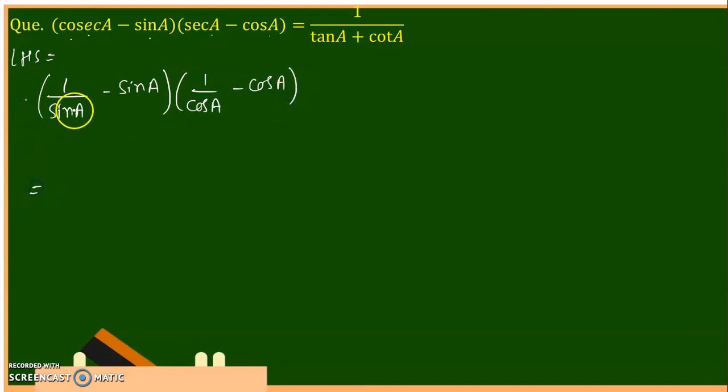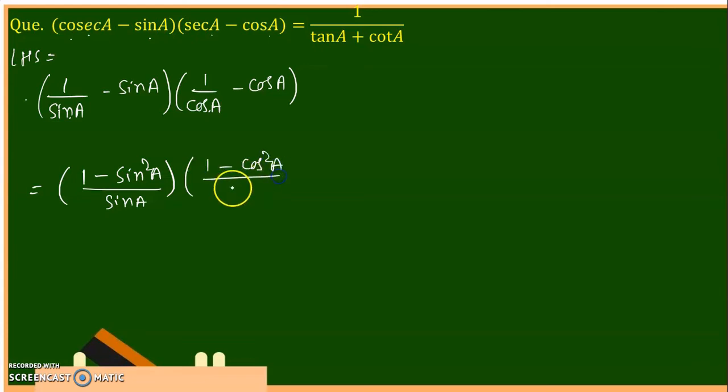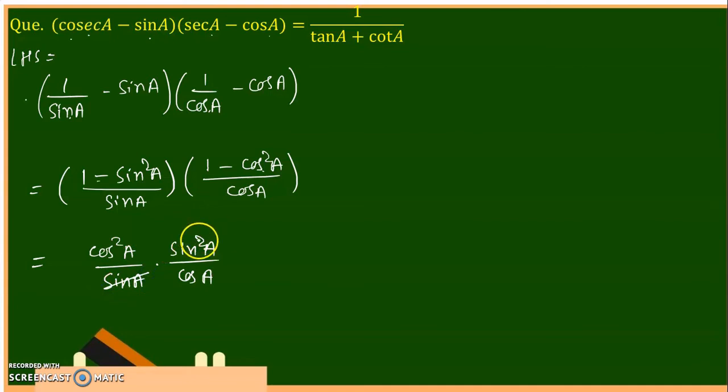Now here if you take the LCM, this sin A will multiply here, that will become 1 minus sin square A divided by sin A. Here this cos A will be multiplied here, so it becomes 1 minus cos square A divided by cos A. So this 1 minus sin square A becomes cos square A, and here 1 minus cos square A becomes sin square A. So here sin A and sin square will be cancelled out, cos A and cos square will be cancelled out.